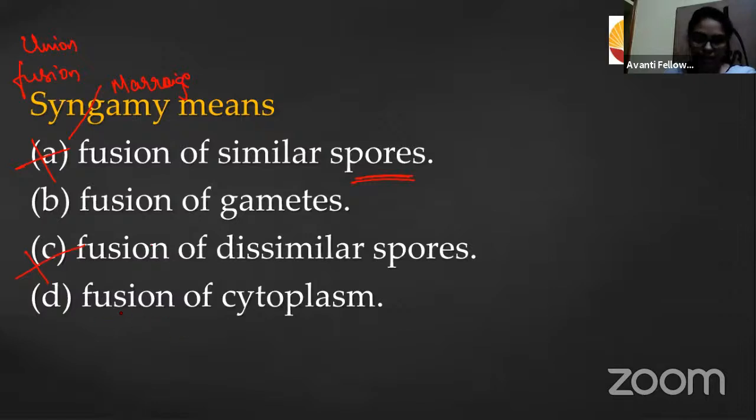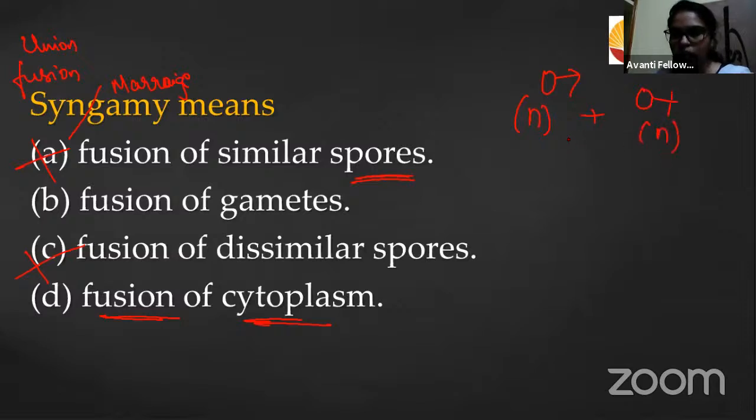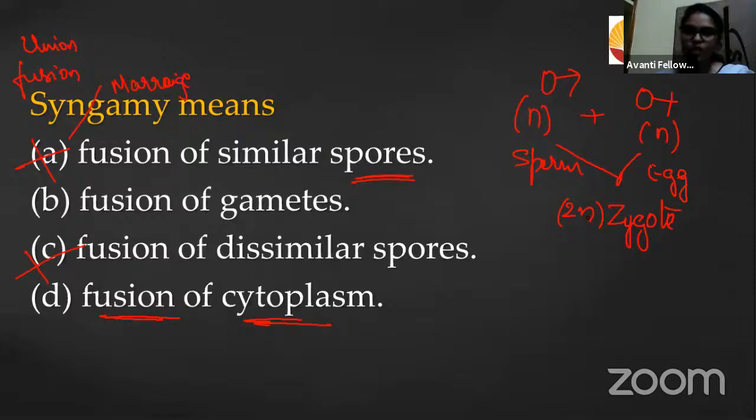Okay, there is another concept here called fusion of cytoplasm. See, whenever we are talking about fusion, one male and one female, right? When sperm and egg fuse, what are you going to get? You're going to get a diploid zygote. So what happens here? The entire cell doesn't fuse.